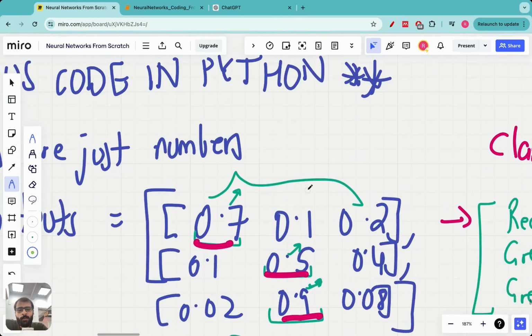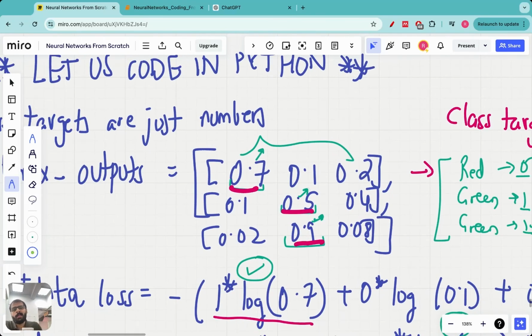If this is the output of our neural network, accuracy just says that you look at each row and try to predict which class that row is trying to predict, irrespective of its value. So here, although this first value is not 1, it's still the highest among these three values, right? So if you just look at the first row, it is trying to predict class 1.